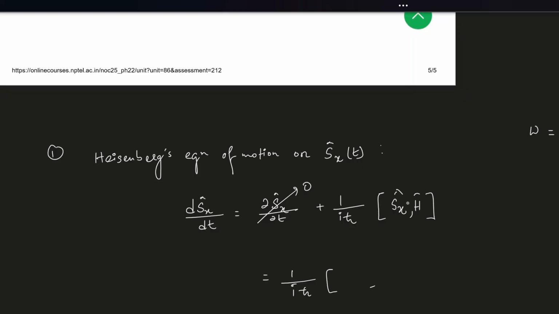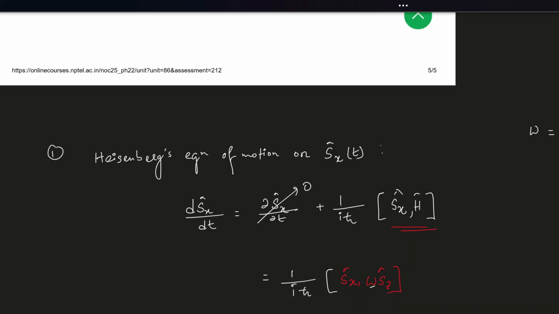It is important that you memorize the commutator formula well, because earlier I messed up the order of the commutator bracket, and that is why I was getting a wrong sign in the answer. Actually the Hamiltonian operator comes second, and it basically becomes Sx cap omega Sz cap, and so omega comes out. So this is basically the commutator relation of Sx and Sz, Sx and Sz.